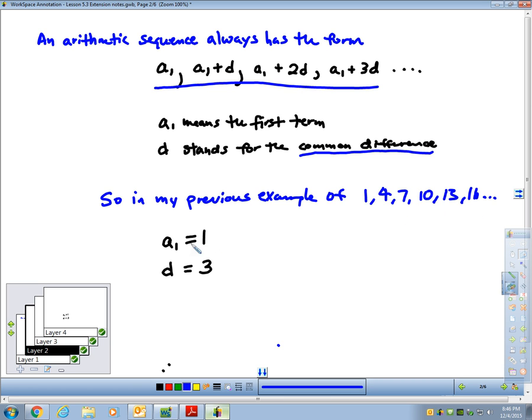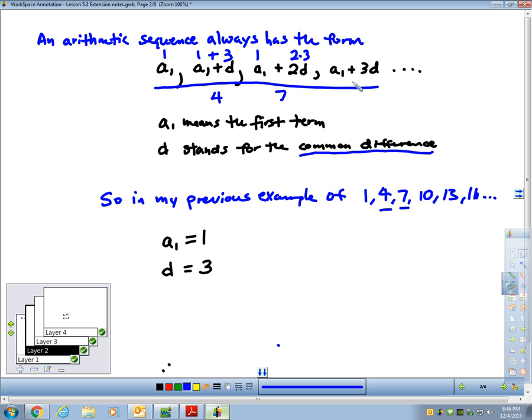A sub 1 represents 1. If I take a sub 1, which is 1, and I add the difference, do you see how that gets me 4, which is what I have here? And if I take a sub 1 and add twice the difference, wouldn't twice the difference be 2 times 3? Wouldn't that be 1 plus 6, which is 7, the next number?